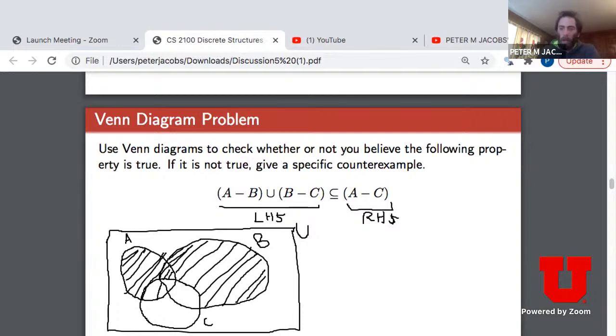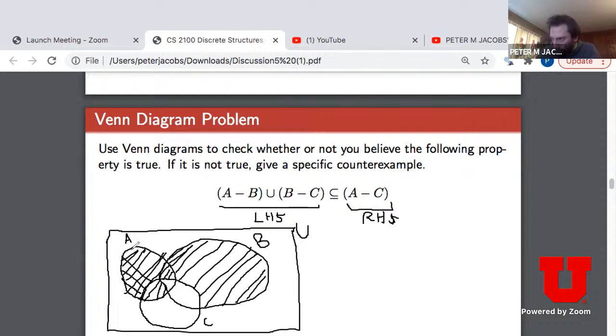With regard to Kyle's question, I don't think you have to say that there's some universe, but sets are always a subset of some larger universe, some larger set. It's something to be aware of, but you don't have to write that out. So anyway, we're putting in A without C, which is going to be the right-hand side now. So A without C is this. It's all of A, but not including C.